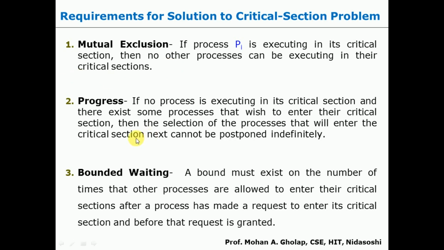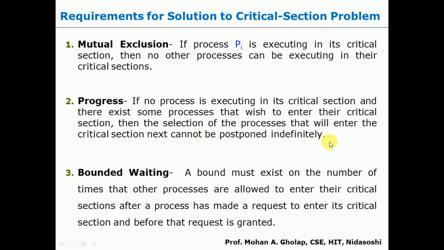The second requirement is progress. It means if no process is executing in its critical section and there exist some processes that wish to enter their critical section, then the selection of the process that will enter the critical section next cannot be postponed indefinitely.